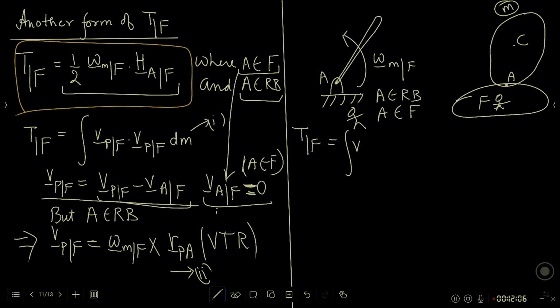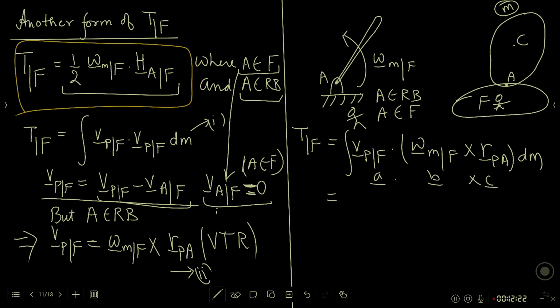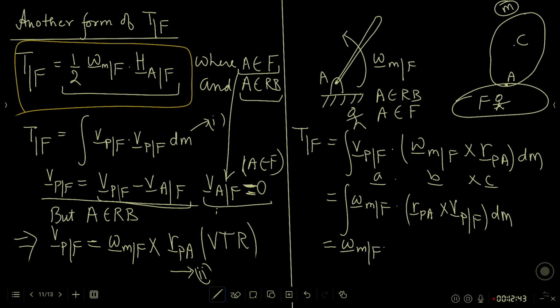Again that A, B, C reordering you do, I get, pull out omega MF dot product, you have RPA cross VPF, but VPF can always be written as VPAF in this case because VAF is 0 and VPAF would be VPF minus VAF.